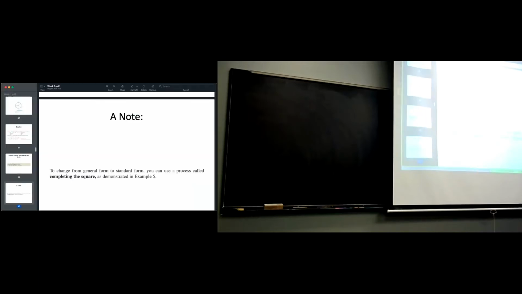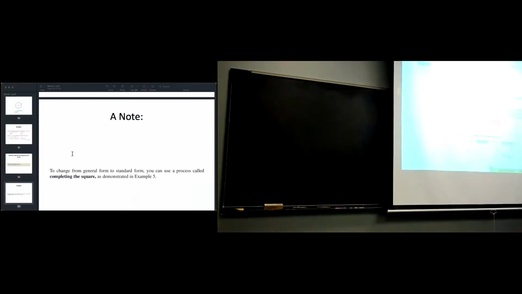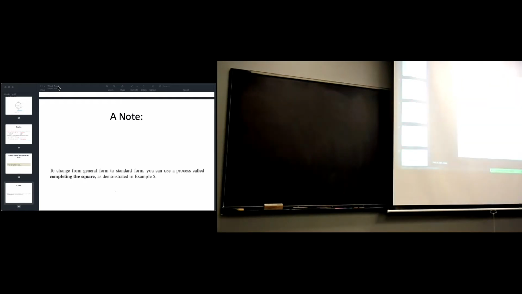Let me look at that really quick. In the algebra review notes, I think it's like day 11. Yeah, it's right around day 11 that you're going to find completing the square.